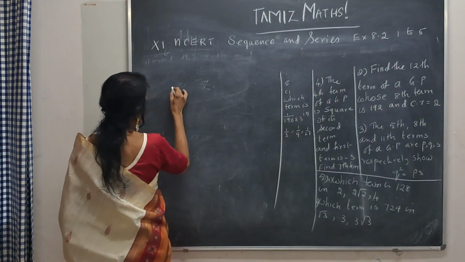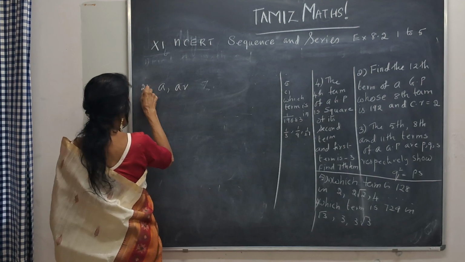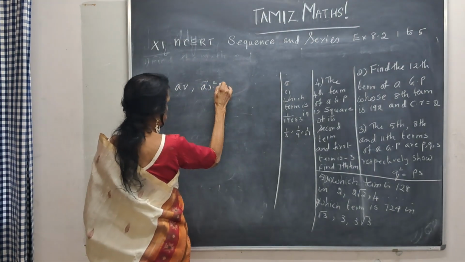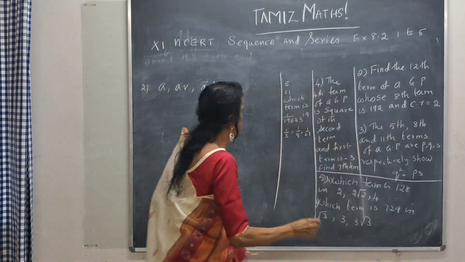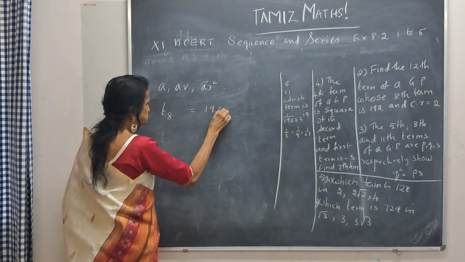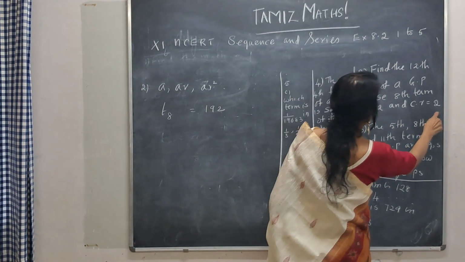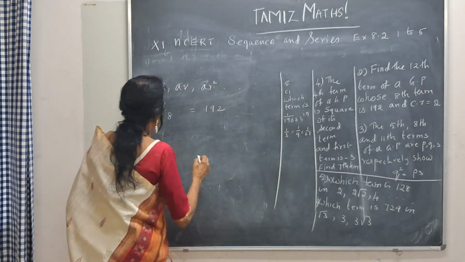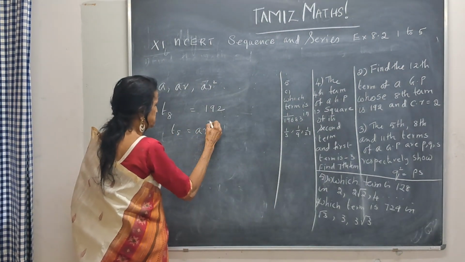Problem 2, this is a, ar, ar square and so on. We have the 8th term is 192. T8 is 192, r is here 2. T8 is equal to ar power 7.